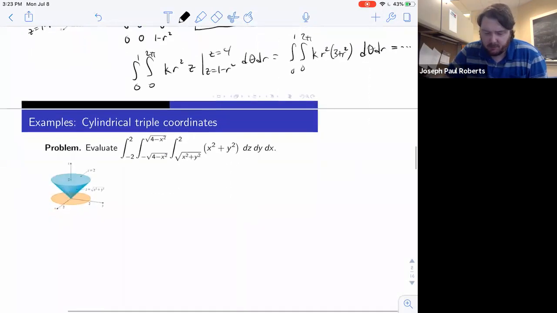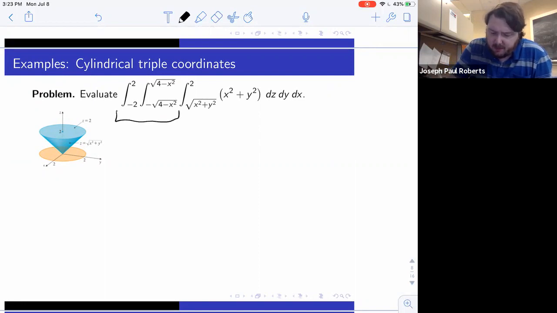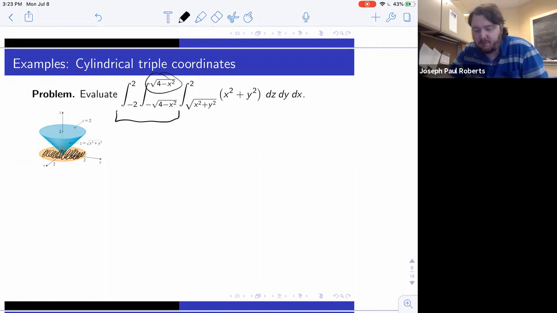So let's do one more example of cylindrical coordinates. So you'll get a lot of practice, but looking at these x and y bounds, thinking about visually what's going on, the shadow, these x and y bounds are describing a disk of radius 2, right? So y equals plus square root of 4 minus x squared, y equals minus square root of 4 minus x squared.